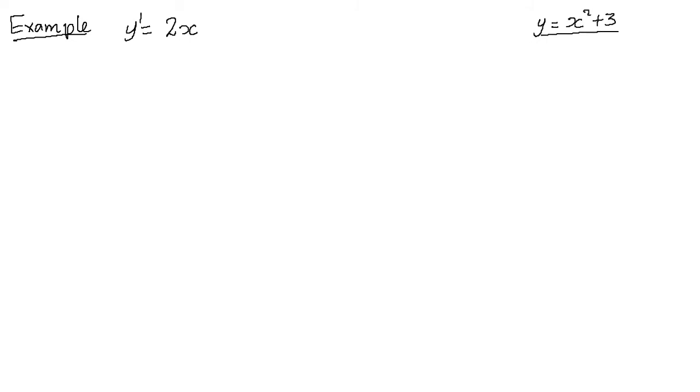This is not known to us; I just guessed one. We also know that at x equal to 0, y is equal to 3. With this initial condition, we have to find y at different x.